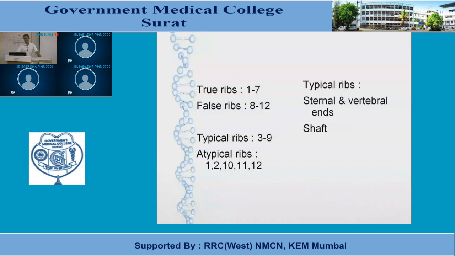Ribs on both sides are paired, therefore below the 7 ribs, these are the 8th to 12th.